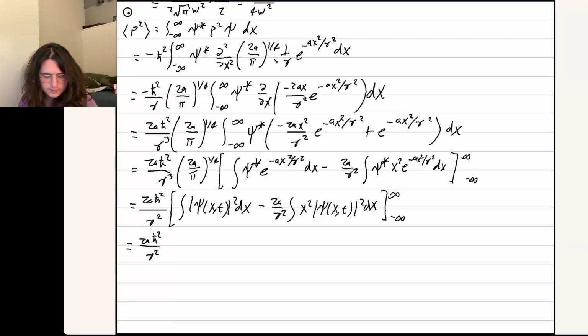We're just going to use our definition of mod squared psi now with the overall factor of root 2 over pi w out front.